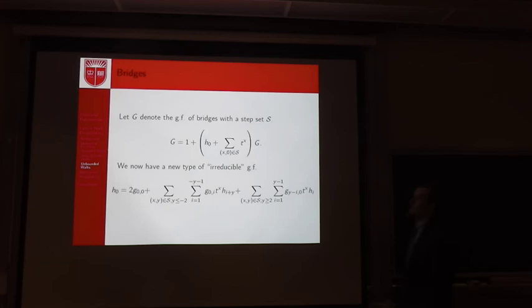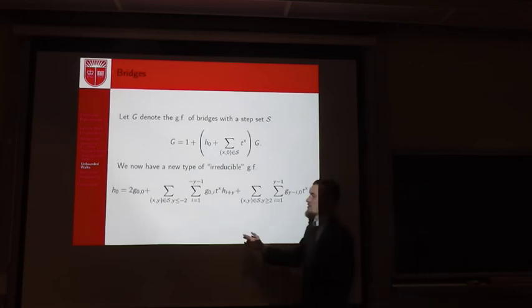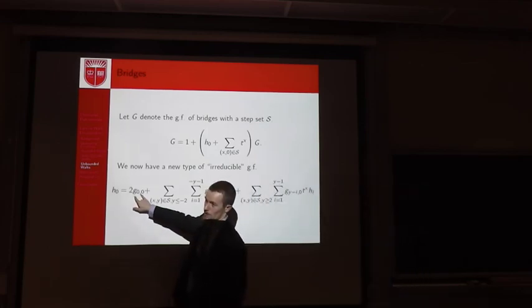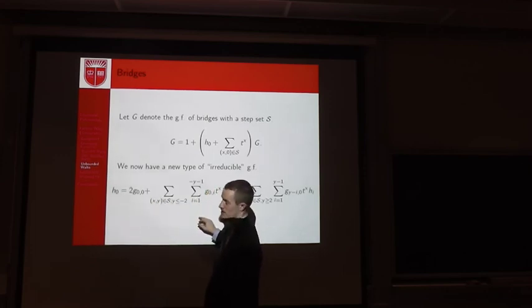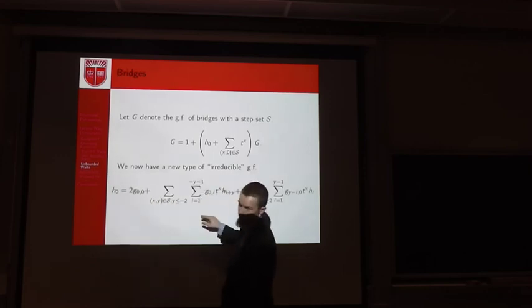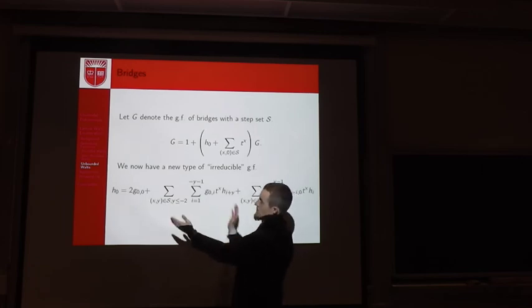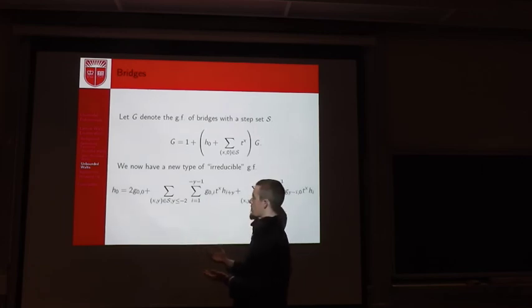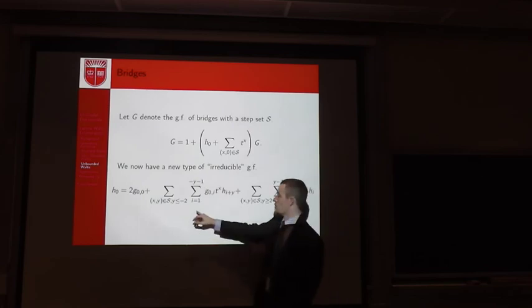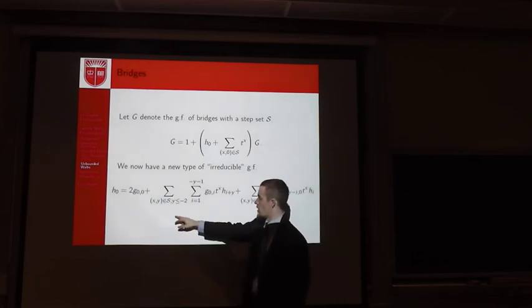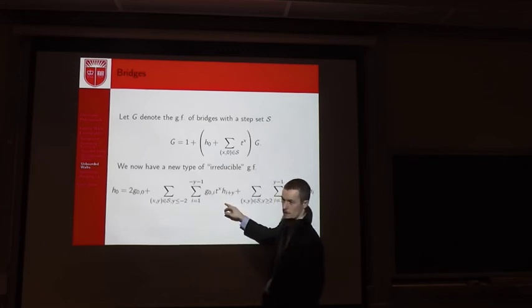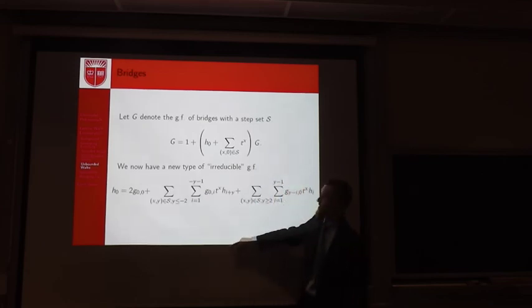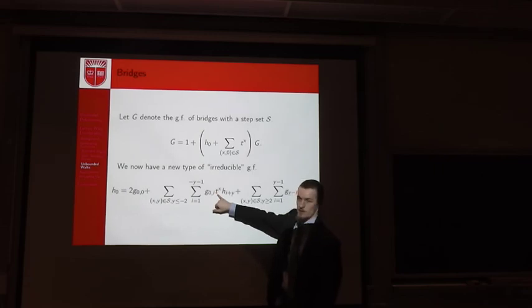We then have to describe H0, which either consists of an irreducible walk above the x-axis, or a walk below the x-axis, which you can just flip and it's the same thing. Or we have some irreducible walk, for example here, from 0 to some step, and then we jump over the x-axis, which is counted by this middle step here.